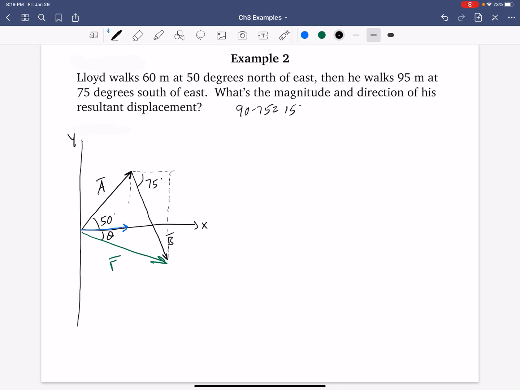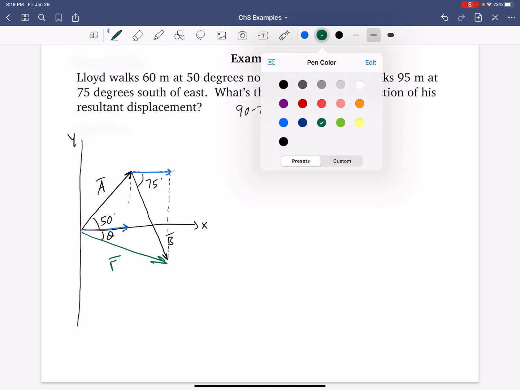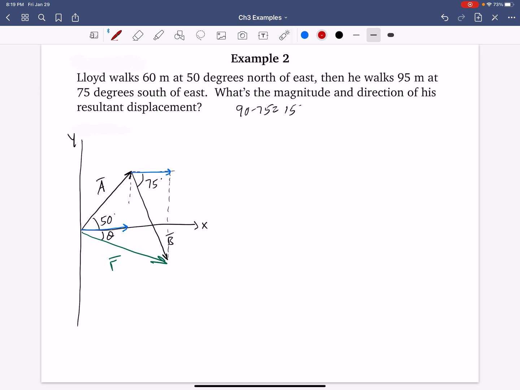In the y direction, I've been using red. For vector A, we'll have that, and the y direction for vector B will have this over there.